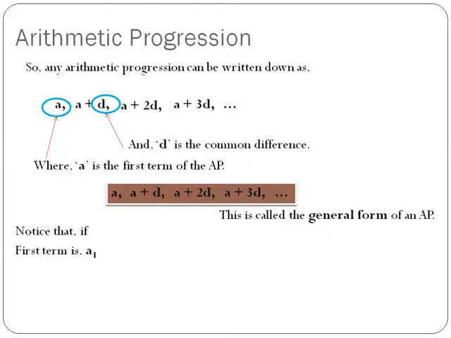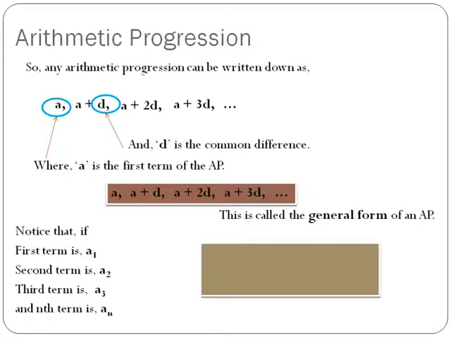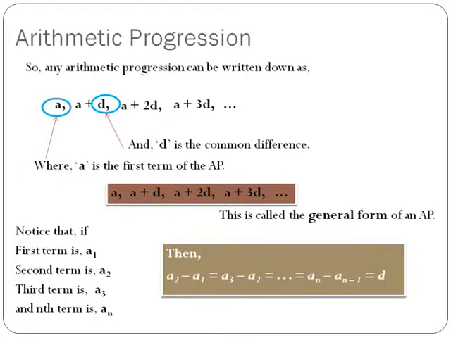Notice that if the first term is a1, the second term is a2, the third term is a3 and the nth term is an, then a2 minus a1 is equal to a3 minus a2, and so on, is equal to an minus an minus 1.